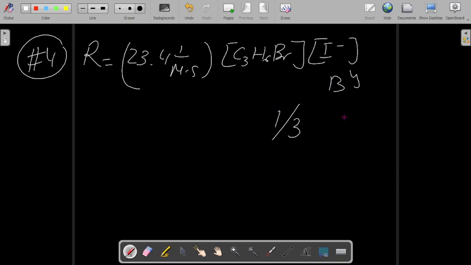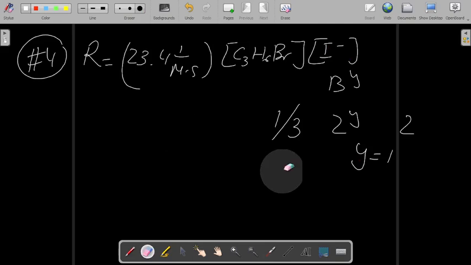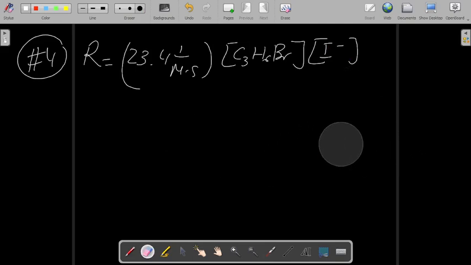It doubled again. So what happens to the rate between 1 and 3? It doubles as well. So for that to be true, y needs to be 1, which is what we found right here. And now we have the y done.